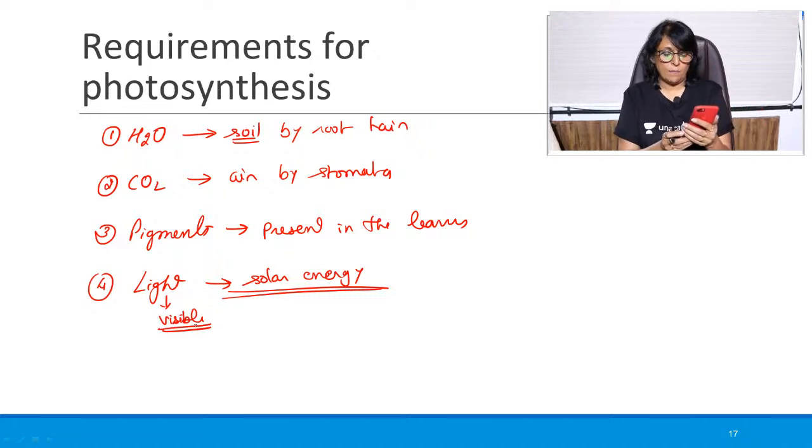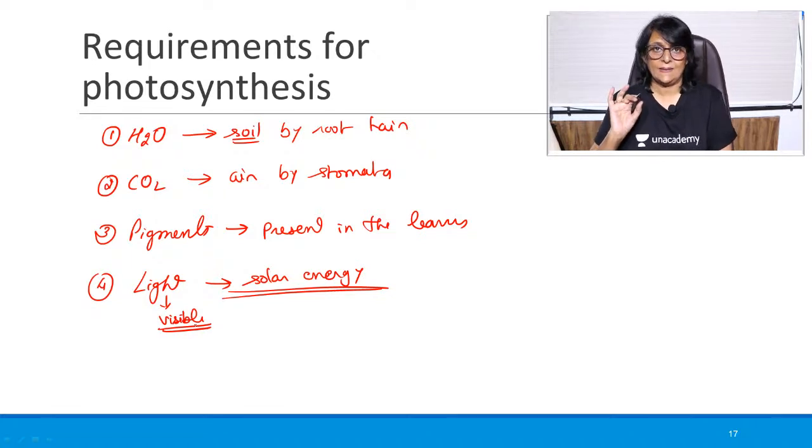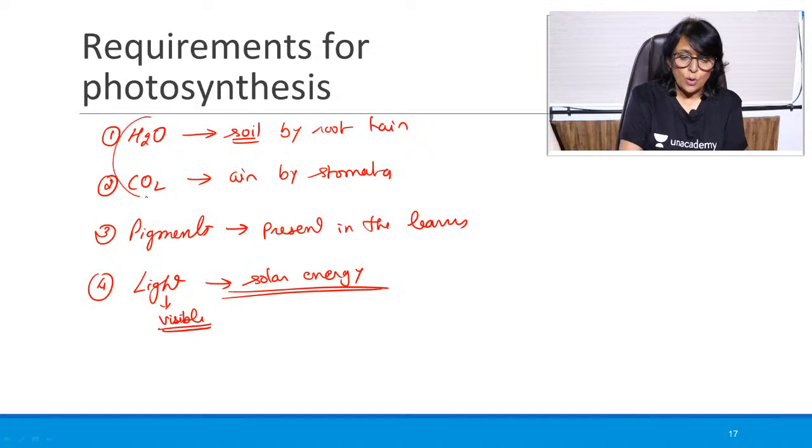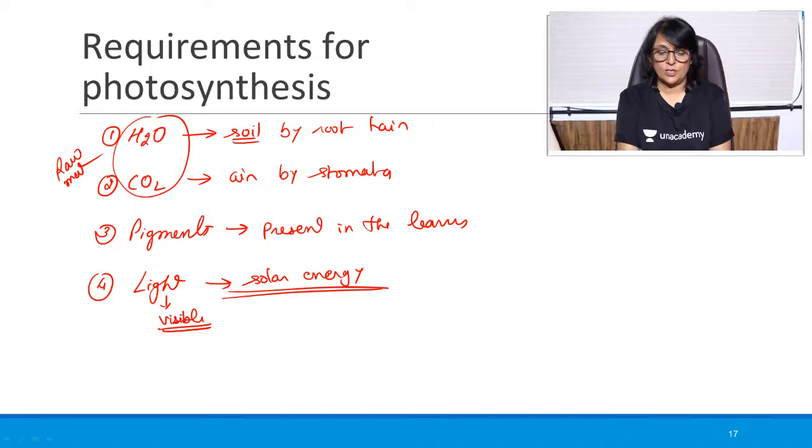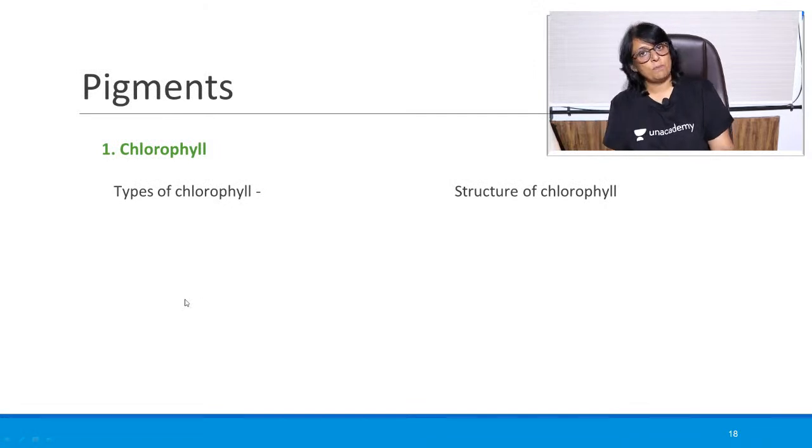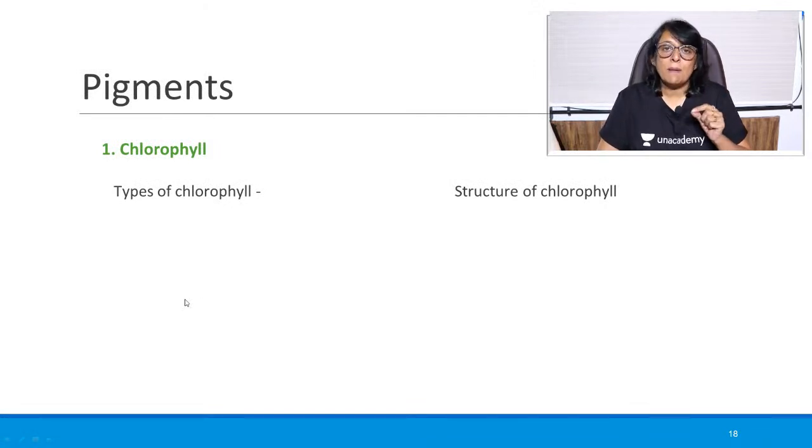Okay, Jayant is saying pigments and color they give. We will be talking about the pigments, but here the 4 basic things. These 2 are the raw materials, and then there are conditions, pigments and light, the visible. Let us come to the pigments now. What is a pigment? Pigment is any molecule which absorbs a particular wavelength and reflects some other wavelength. So you would see the color of the wavelength which is reflected.